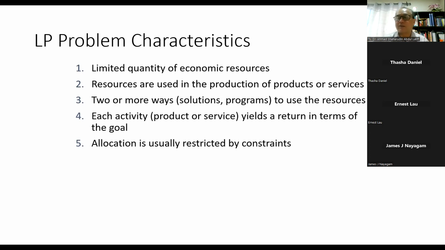Every activity, if you produce product A, there will be a return for product A based on the margin. Maybe product A has a lesser margin compared to product B, for example. And the allocation is restricted by the constraint because there is a limited quantity of resources. It can also be limited by time.